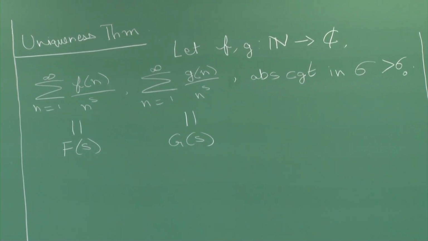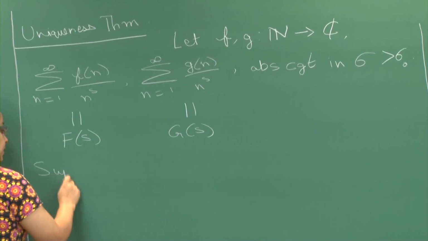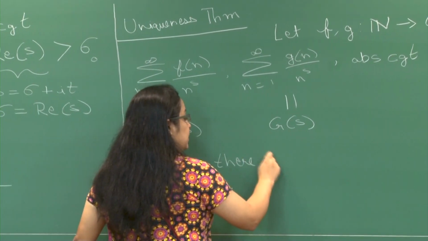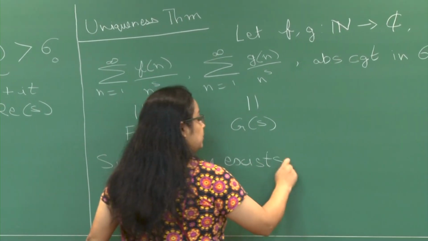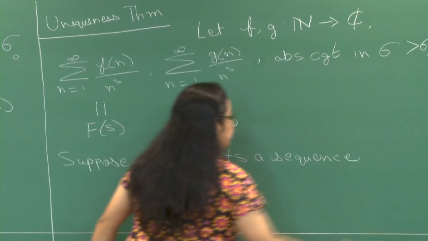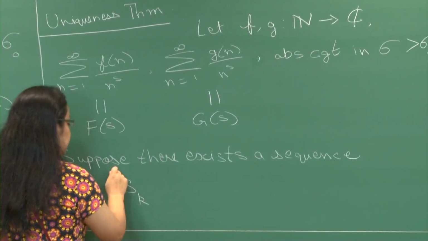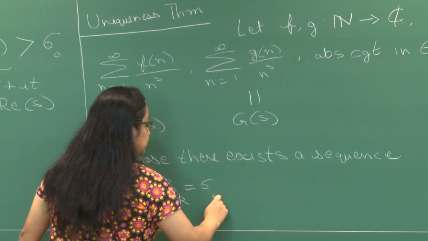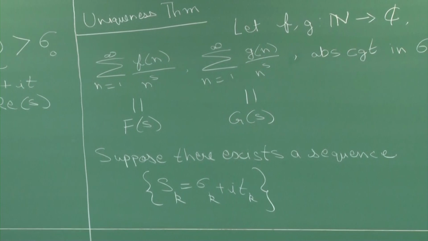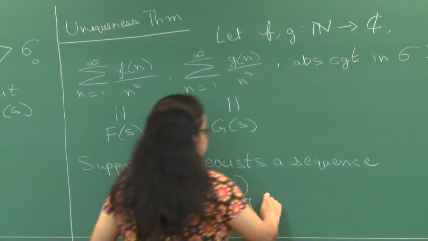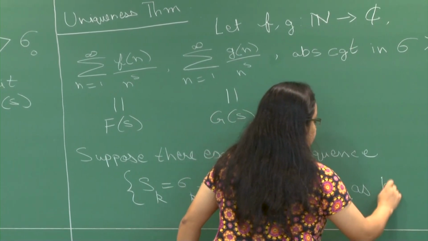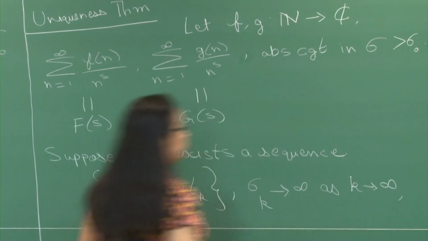Okay, I am just going to assume, suppose there exists a sequence s sub k, which you write by its real part sigma sub k, in such a way that sigma sub k goes to infinity as k goes to infinity.